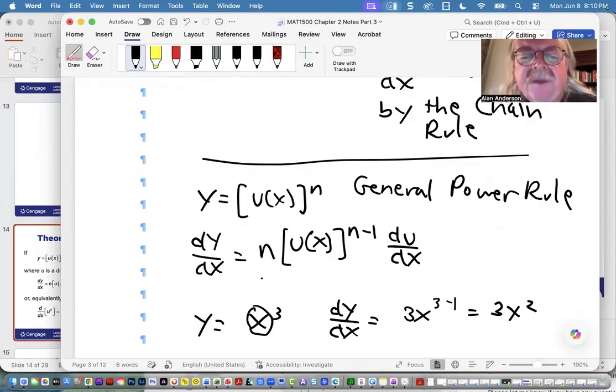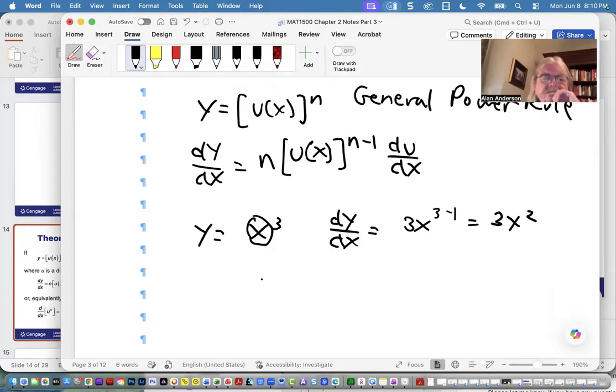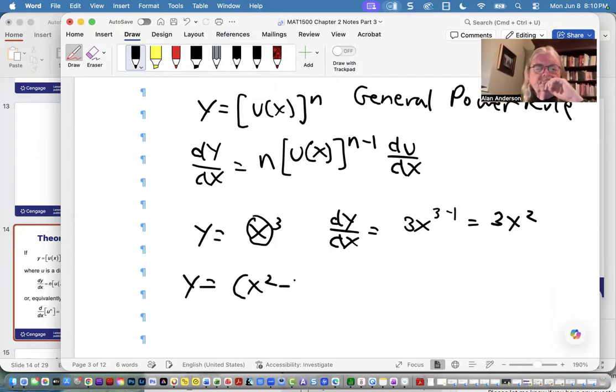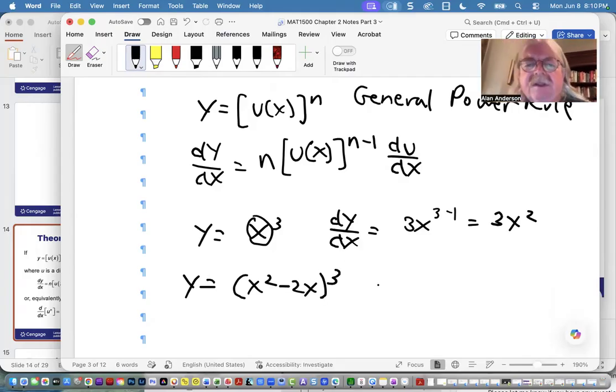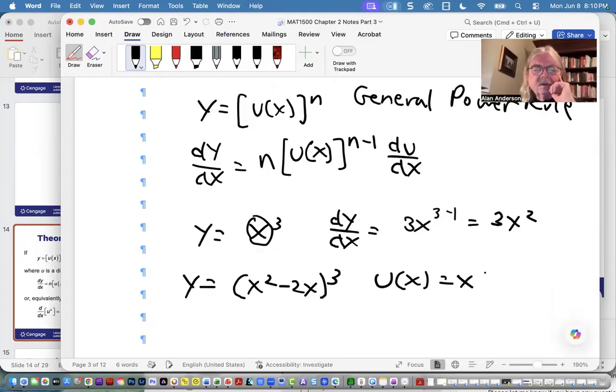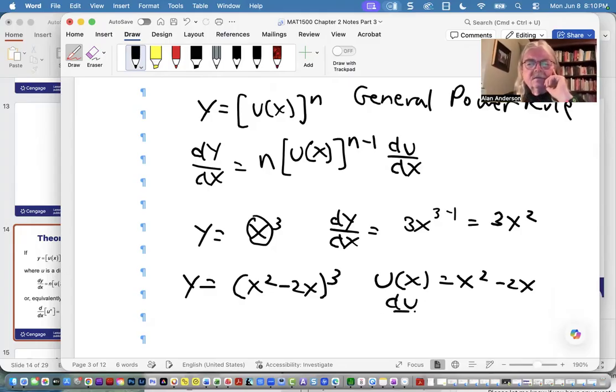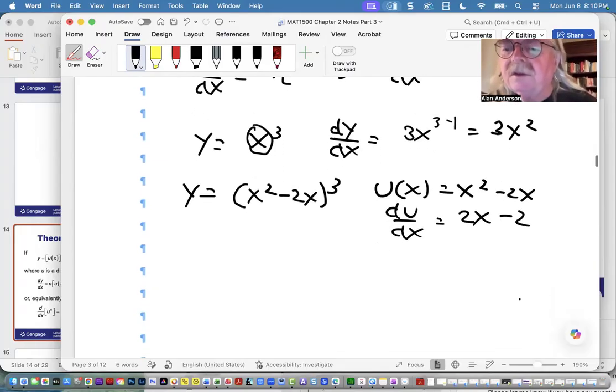If instead we had something like this, now we need the general power rule. So u is x squared minus 2x, du dx is 2x minus 2, applying the power rule that we know.